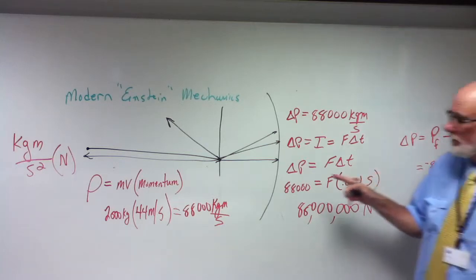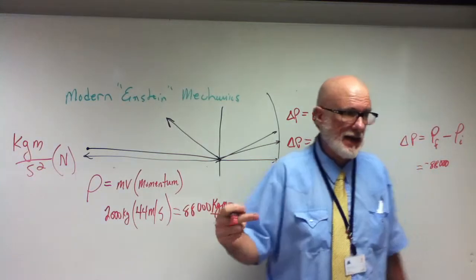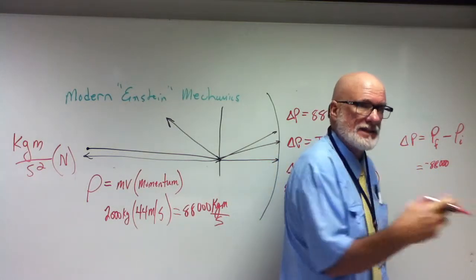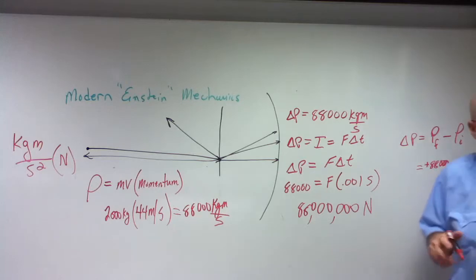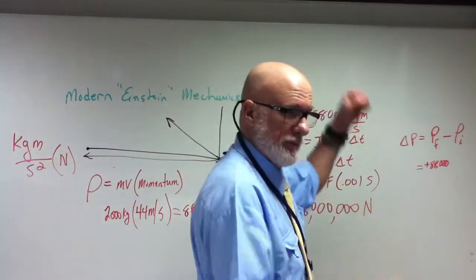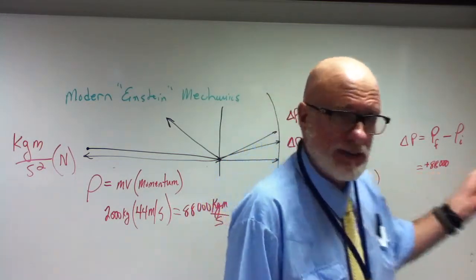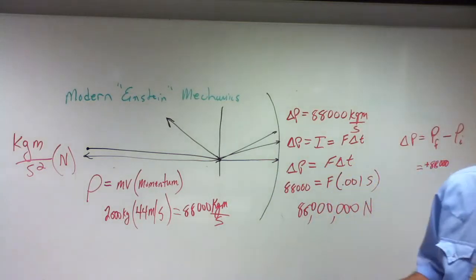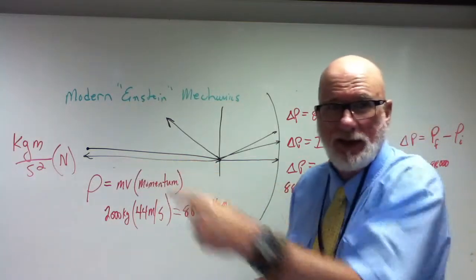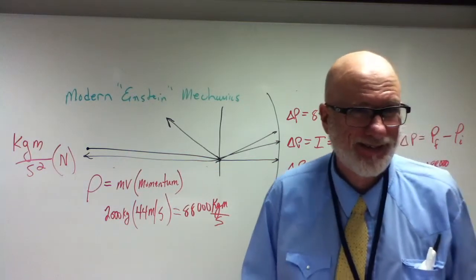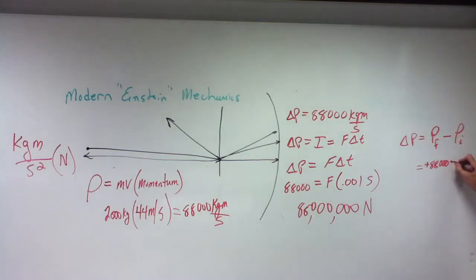Let's say the initial momentum is positive. We're going this way. We have a momentum of 88,000. If you're bouncing and it's an elastic bounce, what's your momentum going that way? Negative 88,000.